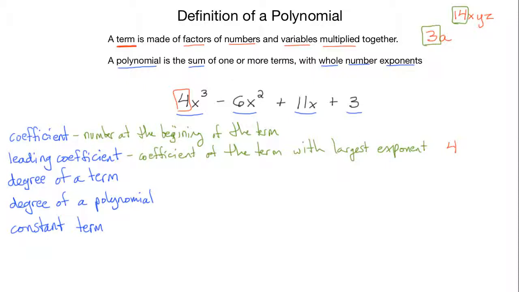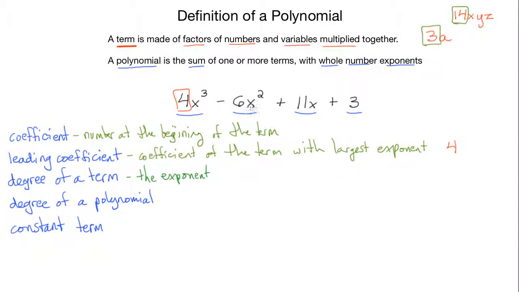All right, so now let's talk about the degree of a term. I got a term and I want to know what is the degree. The degree is simply the exponent. So here I've got 4 terms. The degree of this term, the 4x to the third power, would be a third degree term.